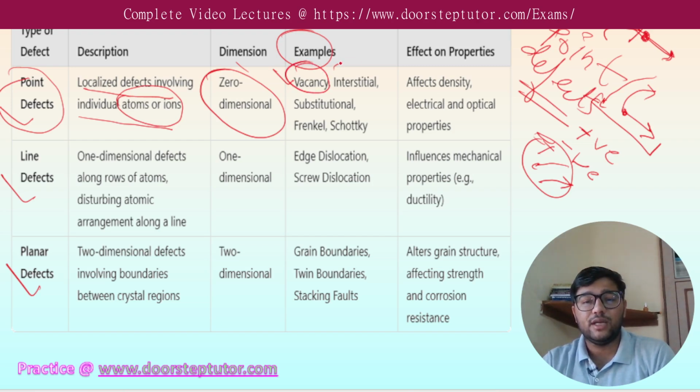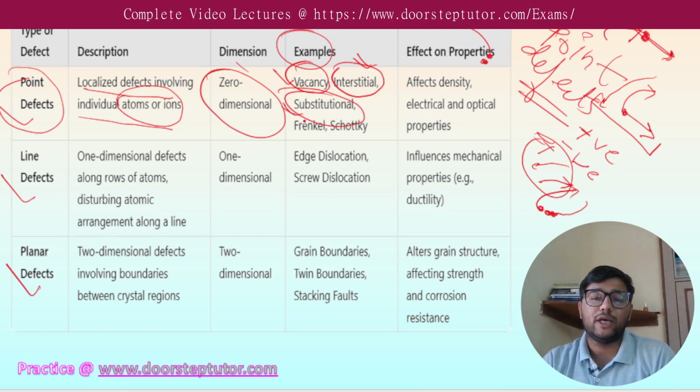If it changes its position, it will be interstitial. Initially it is here, for example, in the structure, then it can move to a new place in the crystal structure. And substitution means if one atom is removed from the structure and another atom comes to the place from which the atom was removed.